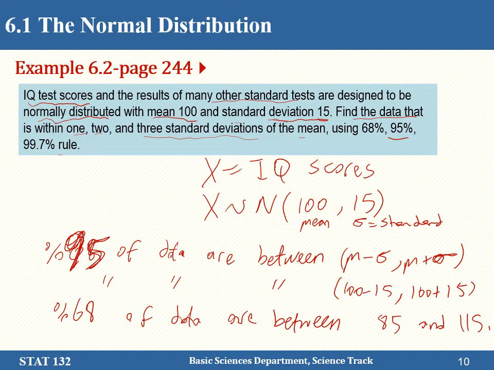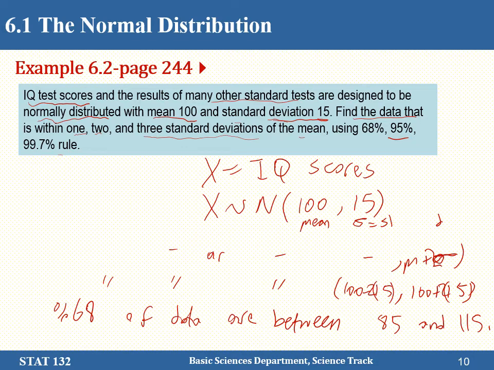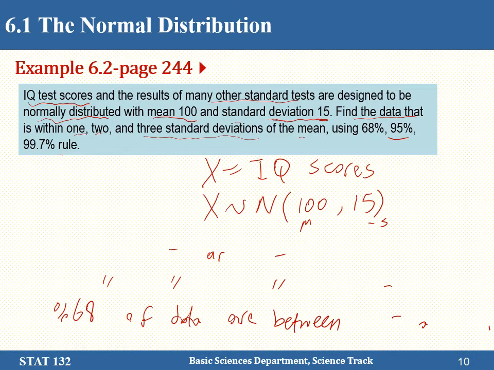Now, if you remember the 95 rule, I will change this one to 95, and it will make 2 sigma here, so it will be 2 times 15. And you can do the same thing for 99.7%. So here is what we get at the end. This is now clearly written here.